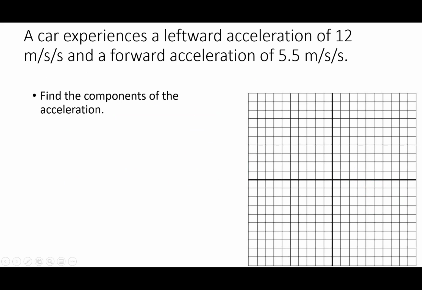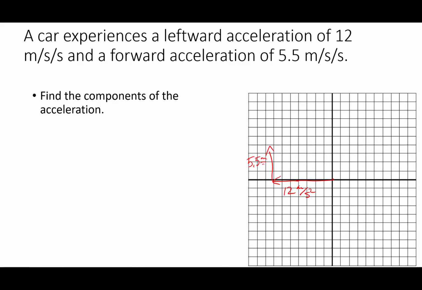A car experiences a leftward acceleration of 12 meters per second squared and a forward acceleration of 5.5 meters per second squared. Find the components of the acceleration. So the leftward acceleration is about 12 meters per second squared, and the forward acceleration is 5.5, so that's going to be smaller.